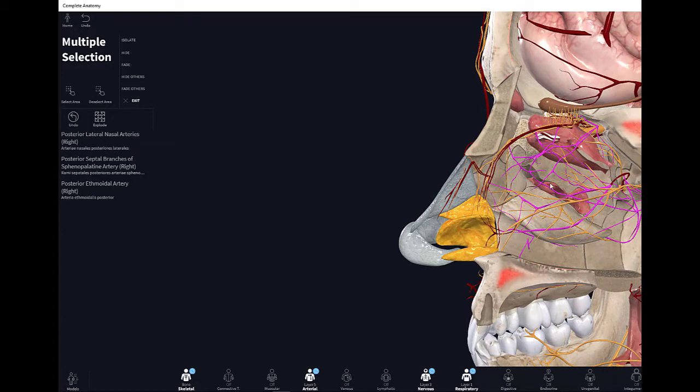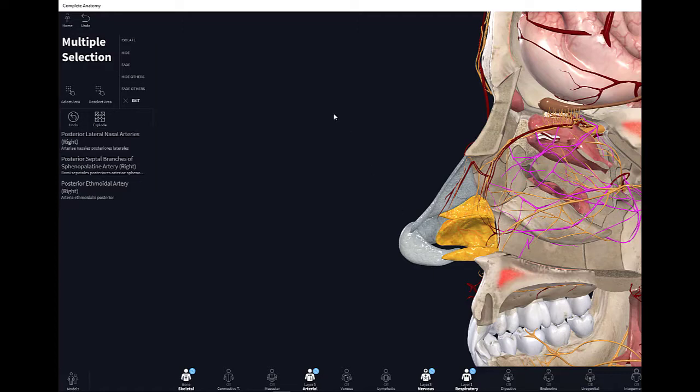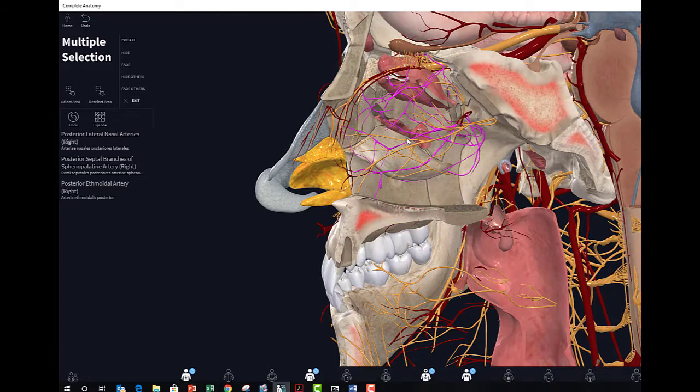And especially on the slightly more anterior part of the nasal septum, the area is going to be called the Kiesselbach area, which is just descriptive of an area that is very rich in capillaries, where all of the 5 arteries that supply the septum anastomose with each other. So this is going to be the most frequently associated area with profuse nosebleeds.